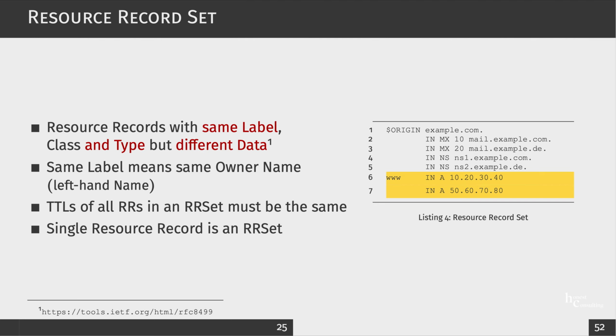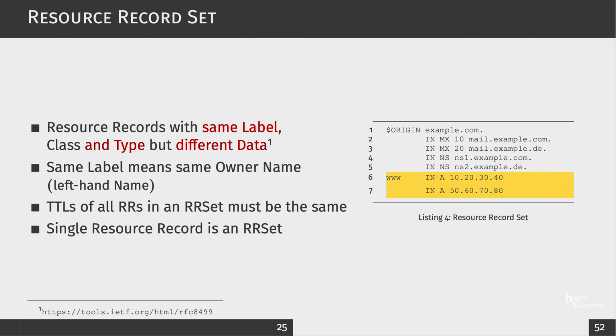First of all, we need to clarify what a resource record set is, because the signing of DNS is not based on each and every single resource record. We do this for entire resource record sets, and a resource record set means it's the same label with the same type but different data.